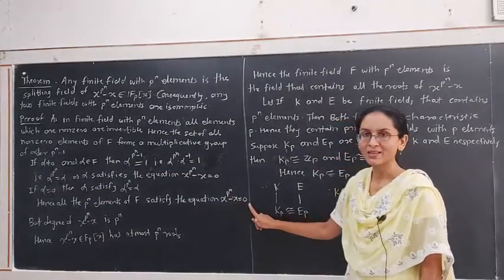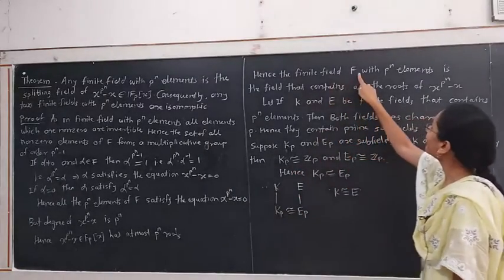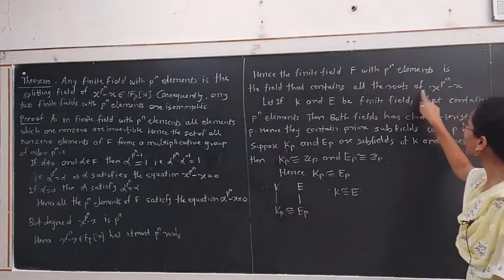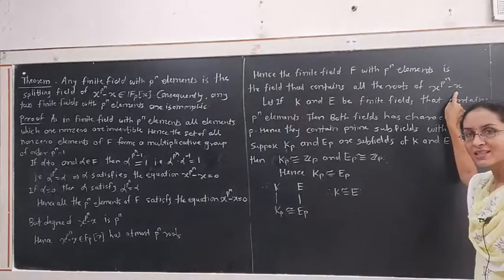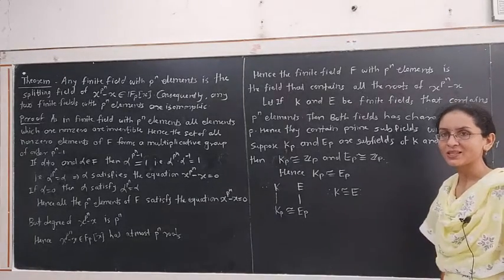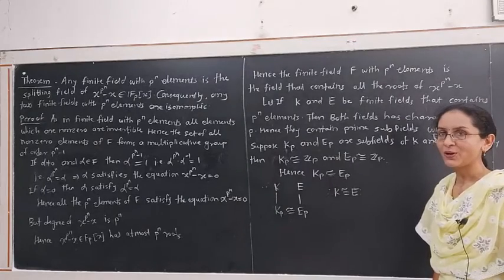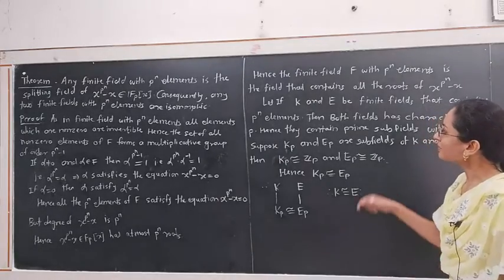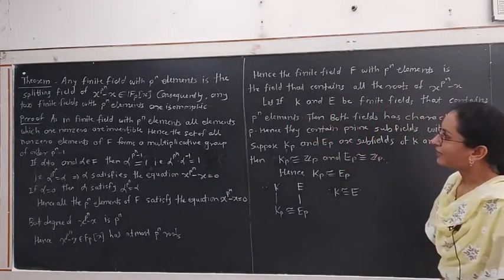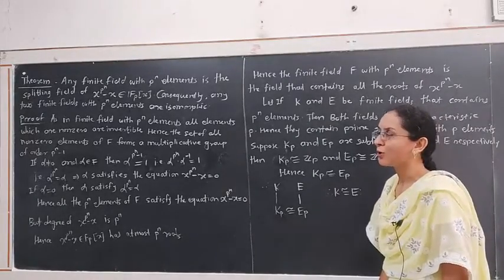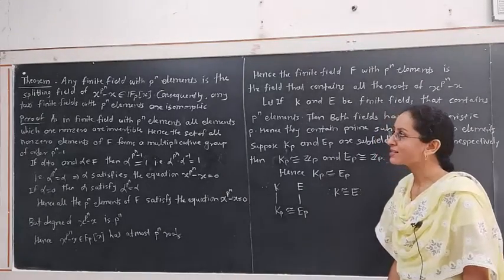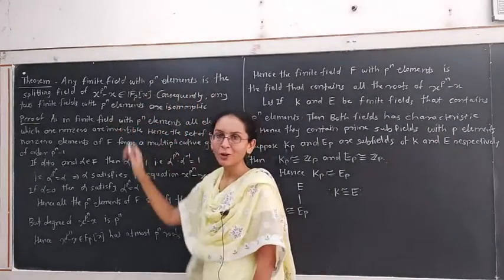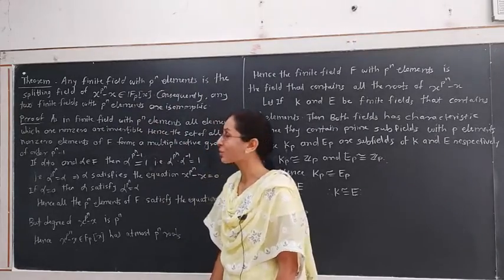Hence, the finite field with p raised to n elements contains all the roots of the polynomial, which are p raised to n in number. Hence, that field is nothing but the splitting field of the polynomial x raised to p raised to n minus x. We have proved the first statement: a finite field with p raised to n elements is the splitting field of the polynomial x raised to p raised to n minus x over F_p.